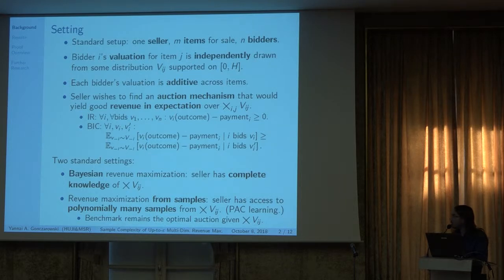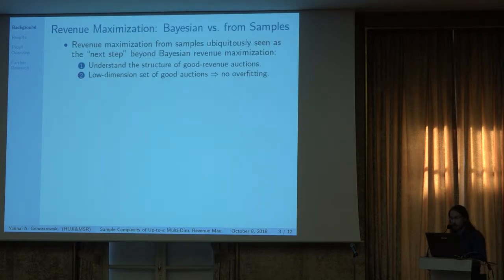The seller has access to polynomially many samples from the product distribution rather than the whole distribution. This is a PAC learning setting. The goal of the seller is to, with high probability, learn an auction that's good up to epsilon. The benchmark here remains the optimal auction given full information of the underlying distribution.